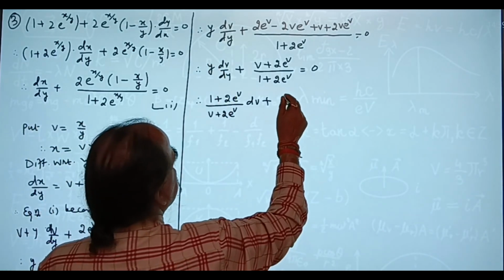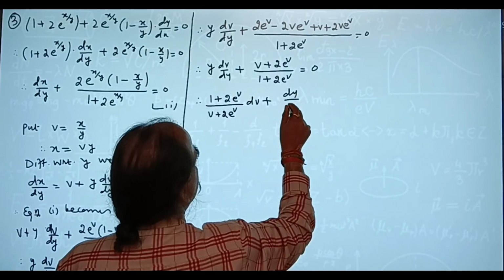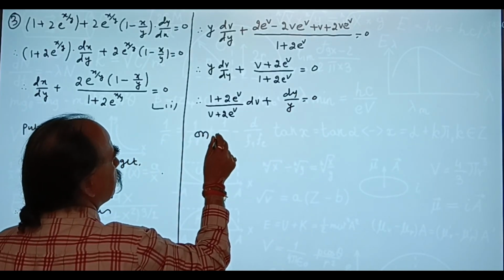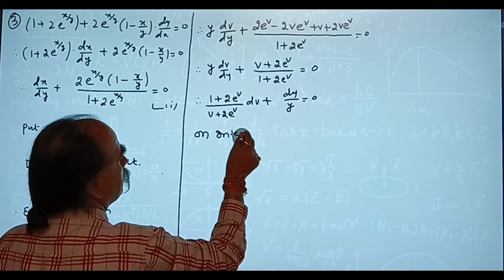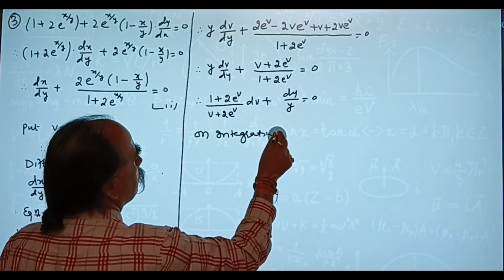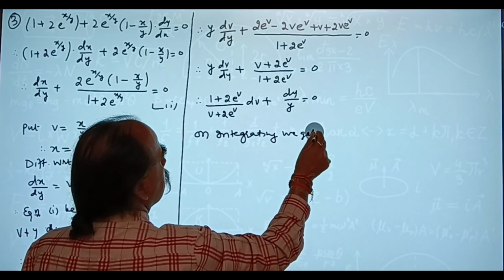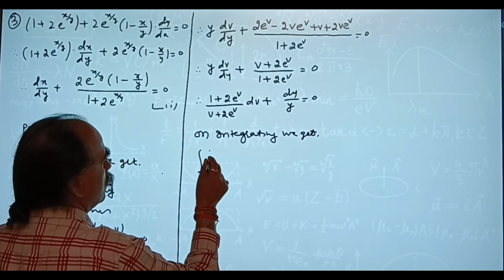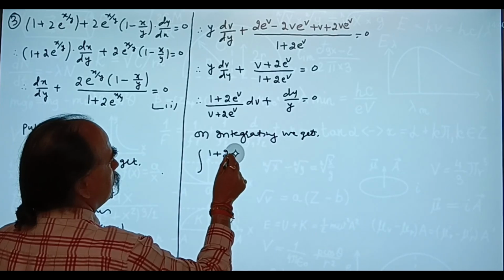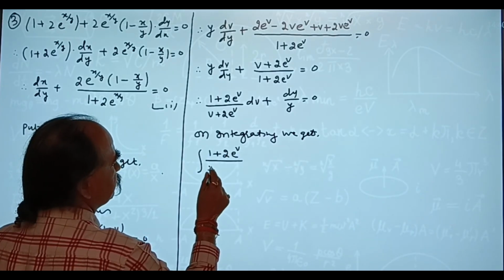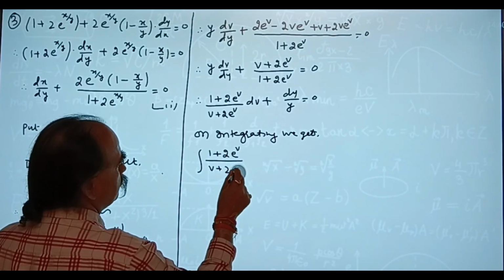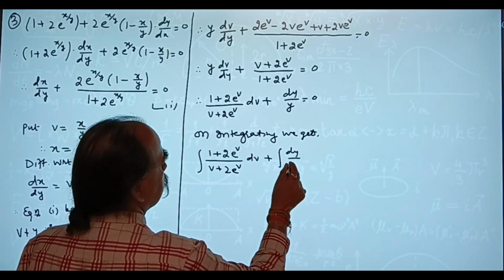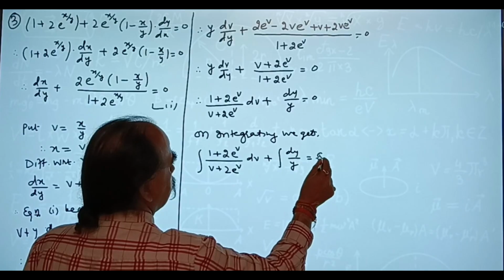So dy upon y, on integrating we get integral 1 plus 2 e raised to v upon v plus 2 e raised to v dv plus integral dy upon y is equal to C1.